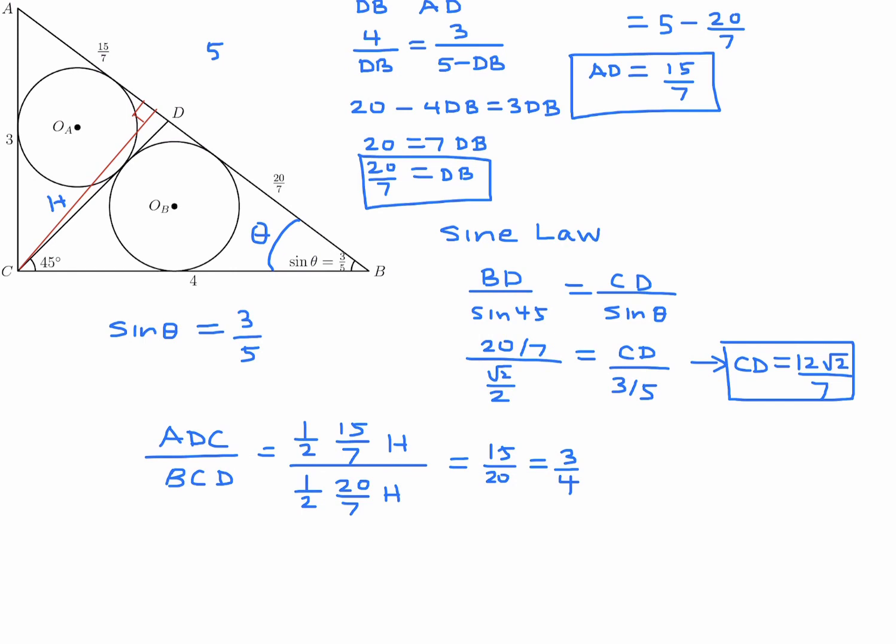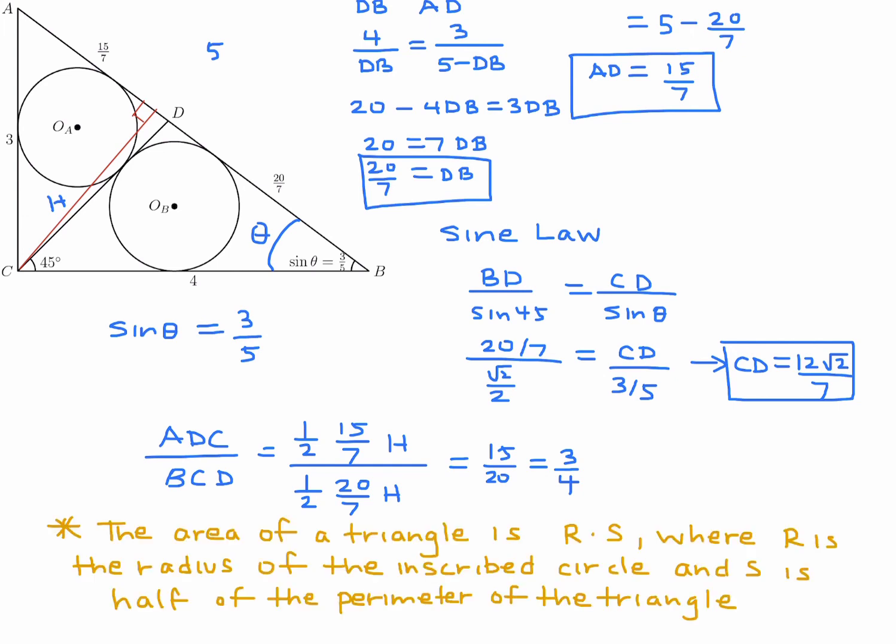Now, at this point in the question, there is a very interesting and challenging rule that a lot of people don't know, and that is that if you have an area of a triangle, it can be connected to the radius of the circle that is inside and the perimeter of the triangle. So I'll write it out in words.